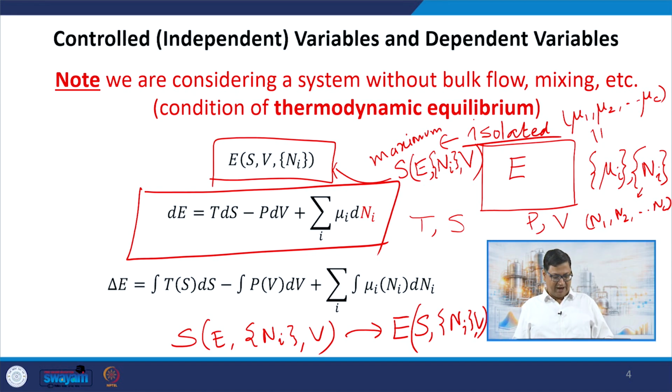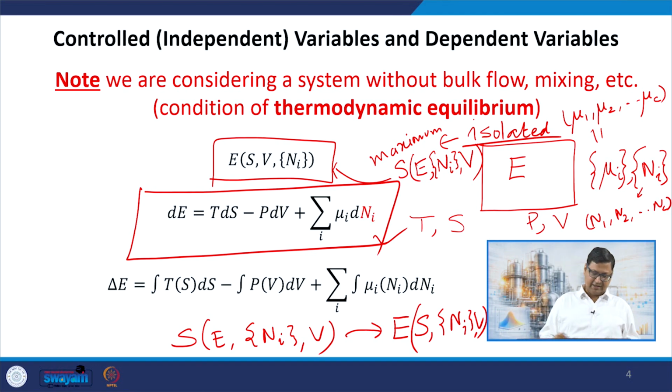So now if I have to find the energy change in the system for any particular process, it is going to be given by integrating this particular differential relation. Now I just told you the system is isolated. So what does that mean, that I will do an energy change in the system, right? So the point here is we will not look at the energy change for this particular system. We will consider two different isolated systems or many different isolated systems, and we will look at the energy difference between those two, right?